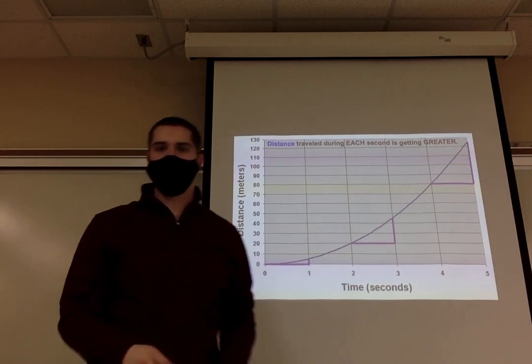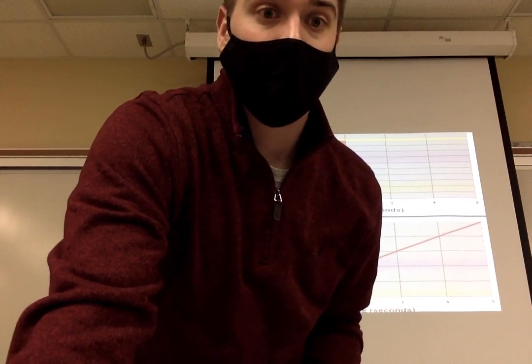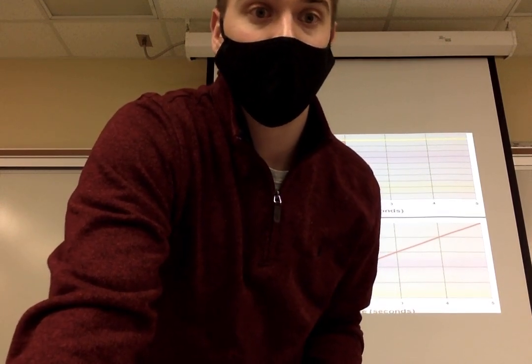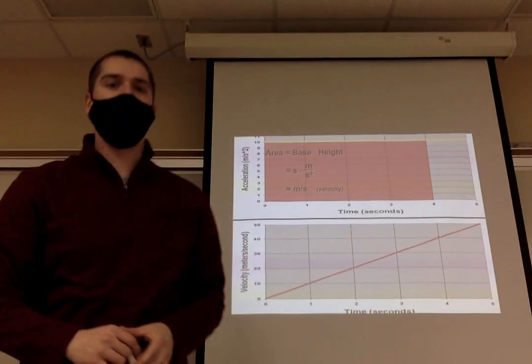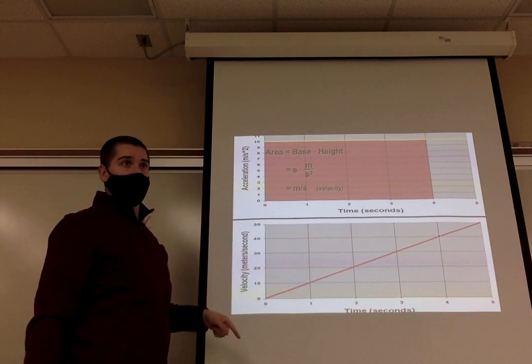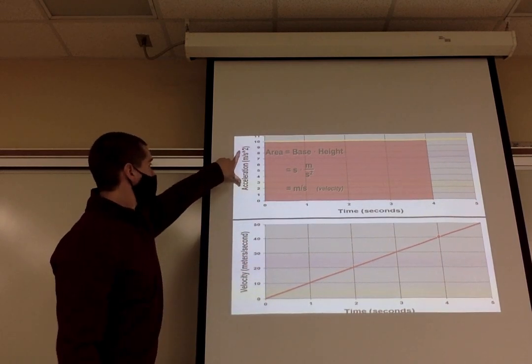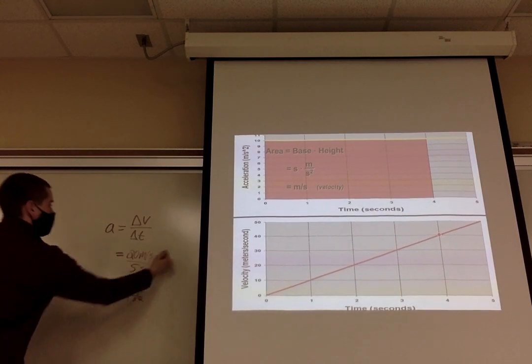I don't know how often you'll have to do this, but on an acceleration time graph, if you find the area, that's like taking acceleration multiplied by time. Acceleration multiplied by time tells you speed.